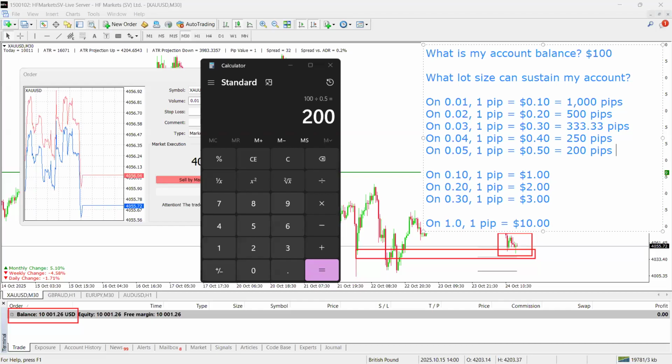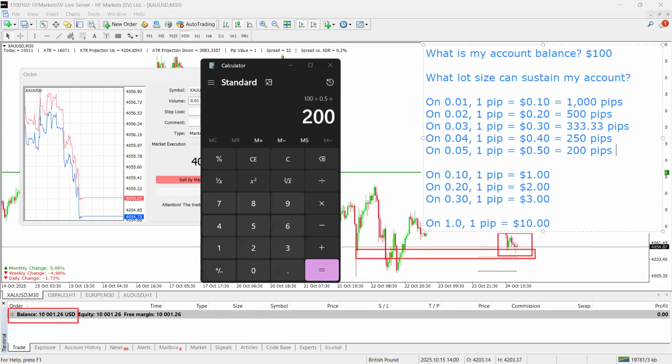Your initial objective in this business is not flipping. Your initial objective is not turning water to wine. Your initial objective is not to make times 10 or times 50 of the amount of money that you have.